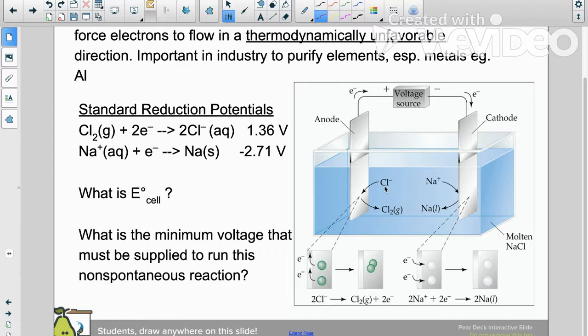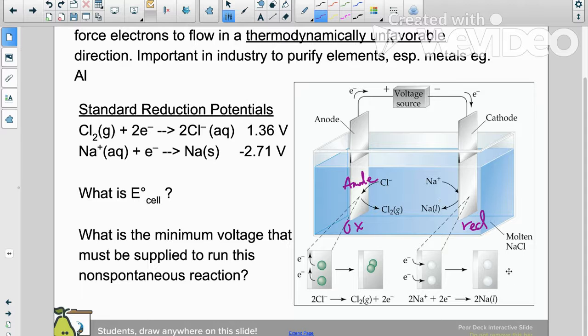Okay, so you can see that chloride ion is turning into chlorine gas. It is getting oxidized. Okay, so here's the oxidation happening. So this is the anode, as indicated over here. And so here on the right-hand side, there's the reduction of sodium cation to sodium molten liquid.